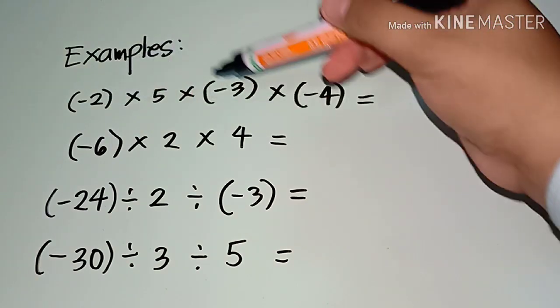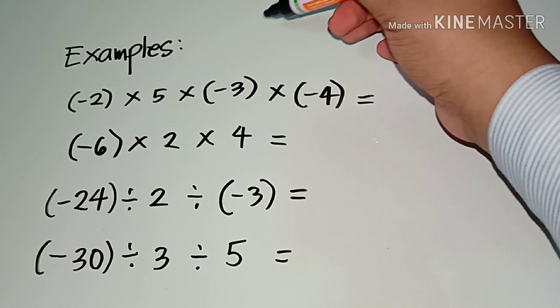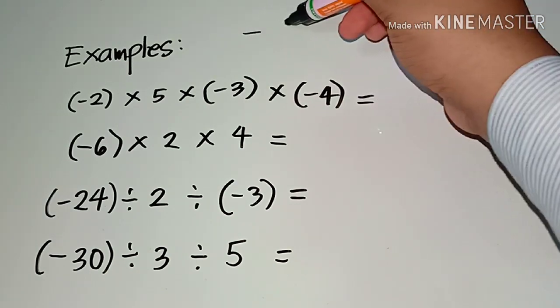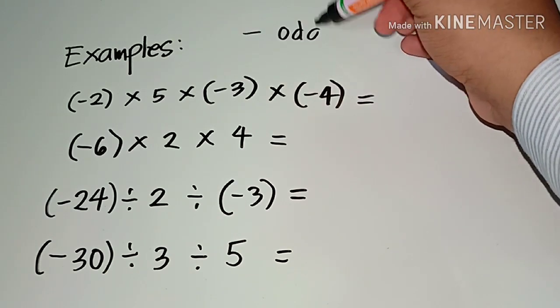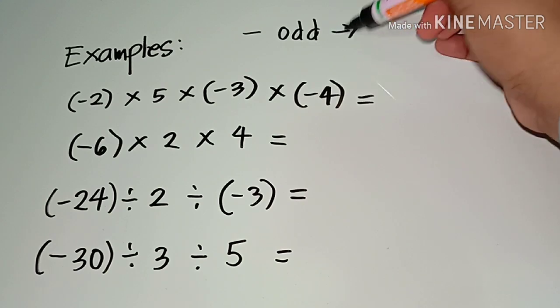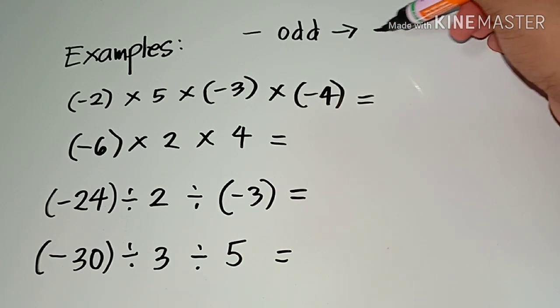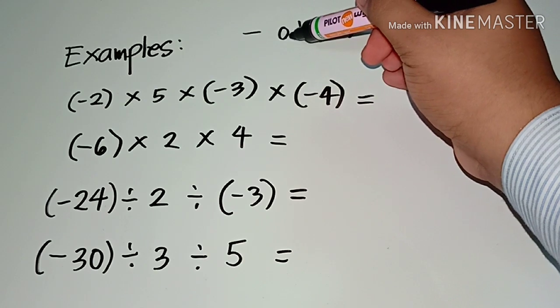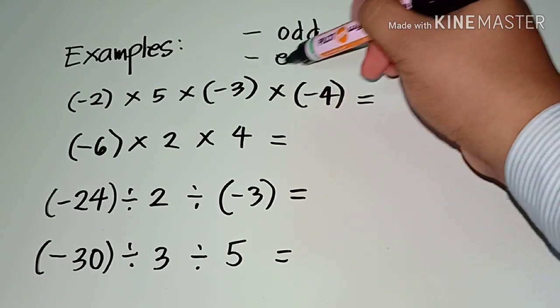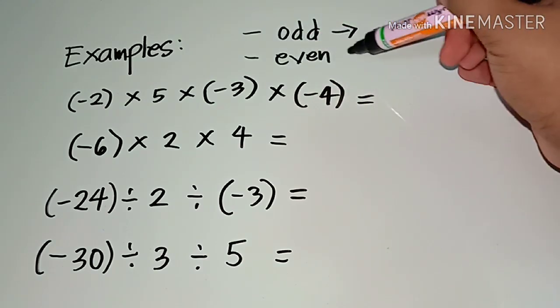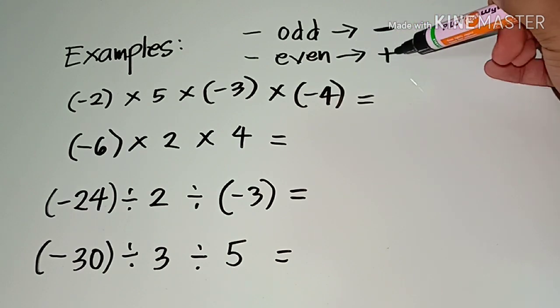If the number of negative numbers is an odd number, then it will give you an answer of a negative number. If the number of negative numbers is an even number, then it will give you a positive answer.